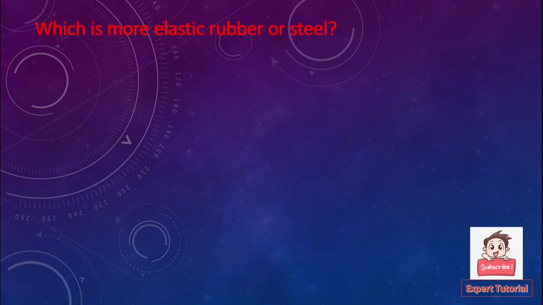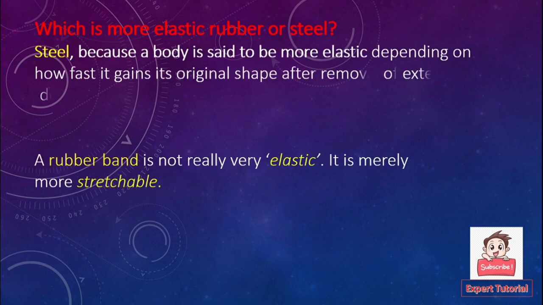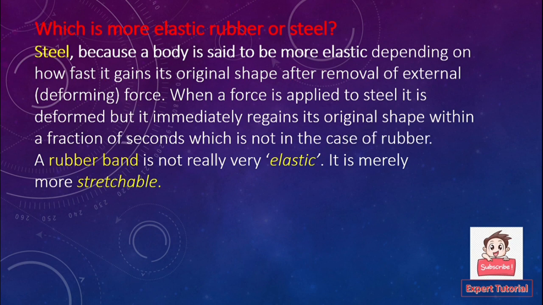From our general idea, we can see that after application of the force, the rubber basically regains its original shape. So from our daily life we can say that rubber is more elastic, it seems to us, but the answer is no. Steel is basically more elastic than rubber.